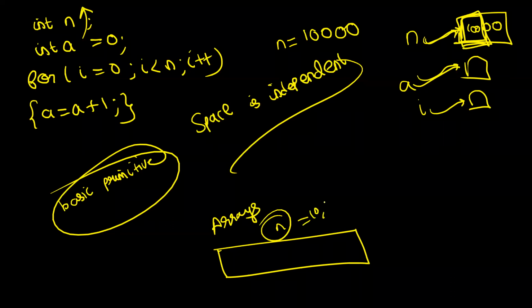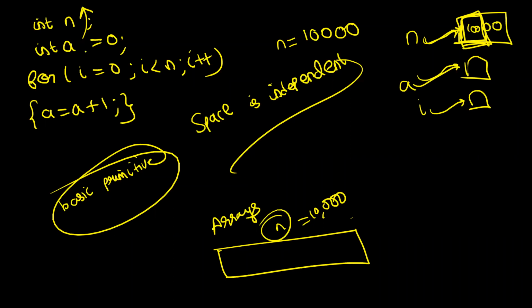If n is 10,000, then I will reserve space sufficient for storing 10,000 integers. So the basic primitive variables don't consume any significant amount of space. Whenever we talk of space, what will be taking up space? The data structures, like arrays, stacks, queues that we will later talk about, function contexts, right?